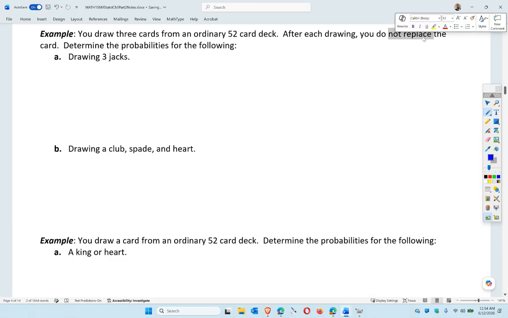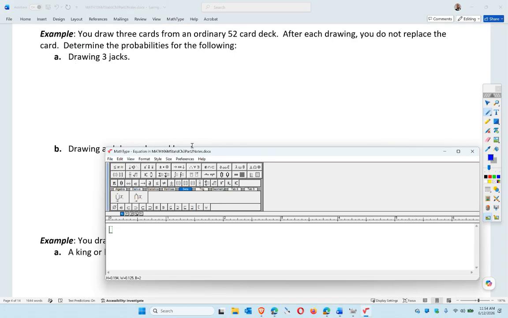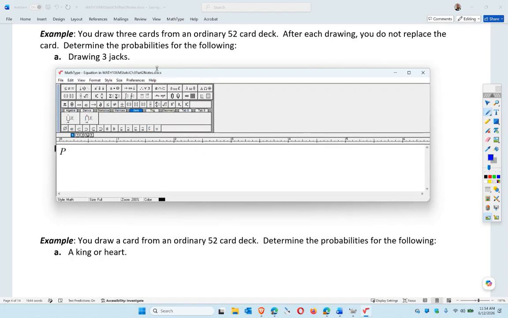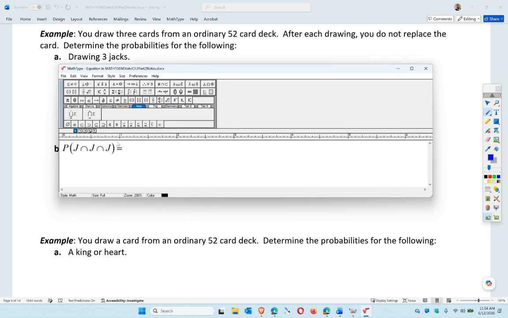What's my probability of drawing 3 jacks? That's 3 events, so I have the probability of a jack and a jack and a jack. You're like, well, it doesn't use the word and. Yeah, but it's implicit. It's not did I get a jack or not. It's did I get a jack and a jack and a jack. Did I get 3 jacks? So you had to get all 3.